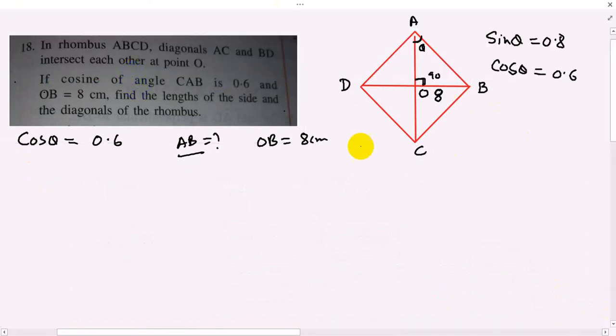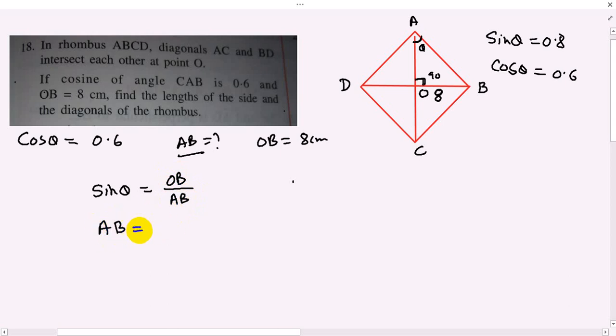See, now sin theta is equal to OB upon AB, and we need to find AB.